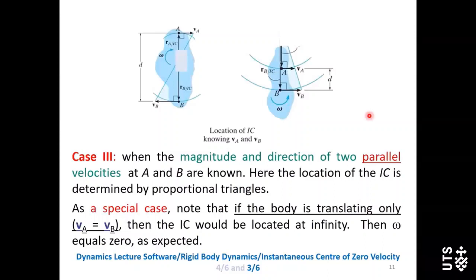As before, if we draw a line connecting the IC point and point A or point B, this line must be perpendicular to the direction of velocity Va or Vb. So that's the line. IC must be on this line.